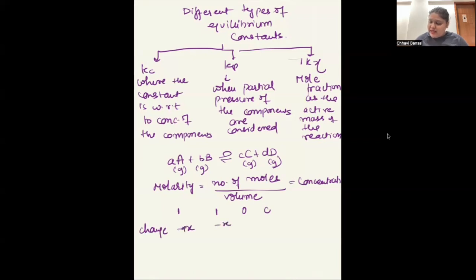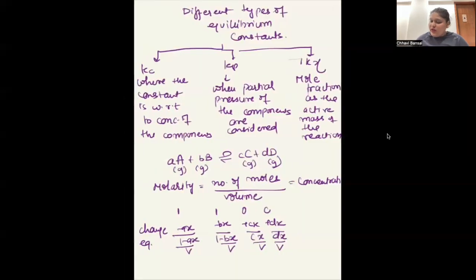It will be minus aX, minus bX, plus cX, plus dX. So the amounts at equilibrium are 1 minus aX, 1 minus bX, cX and dX. These are the numbers of moles. Let's divide them by volume. This gives us the concentration of each component at equilibrium.